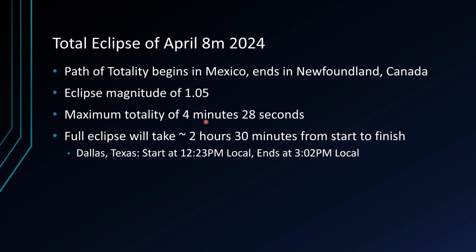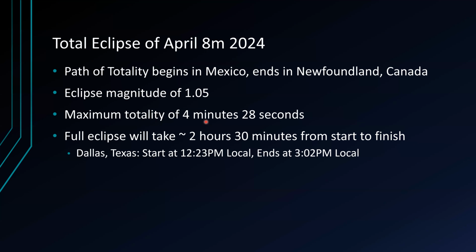It has an eclipse magnitude of about 1.05, with a maximum totality of about 4 minutes and 28 seconds. This contrasts with the Great American Eclipse of 2017, which I think was about 2 minutes and 37 seconds of totality. So we're almost doubling if you are close to the center line of the eclipse.